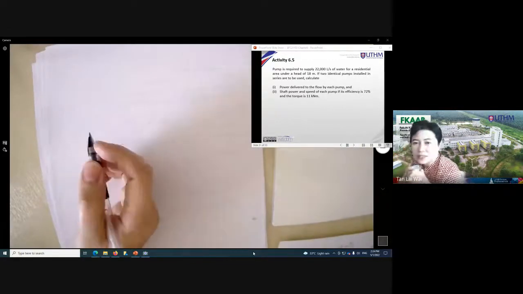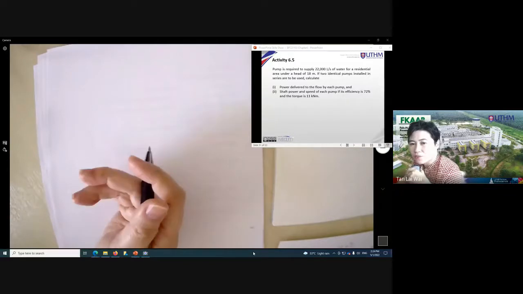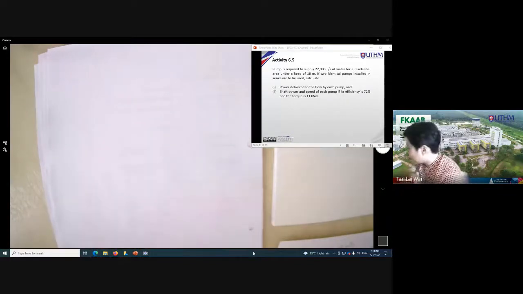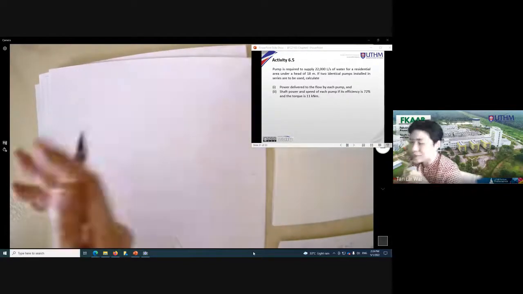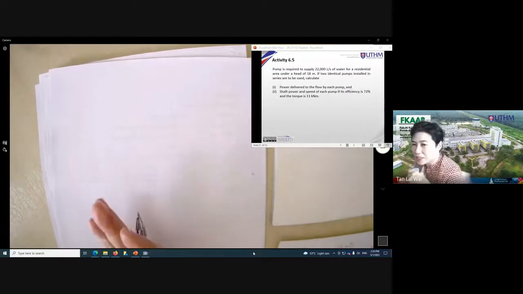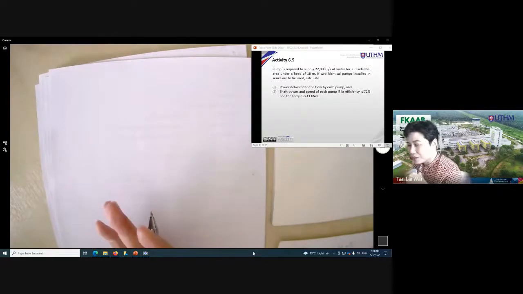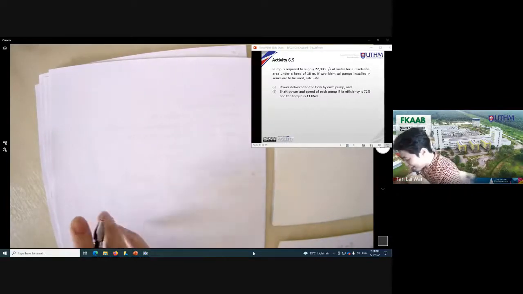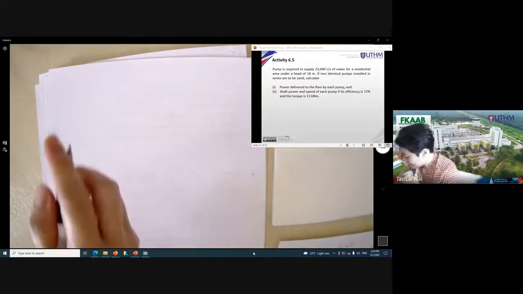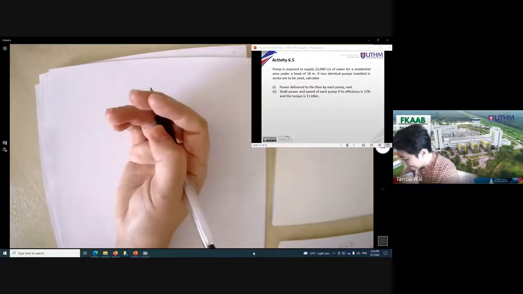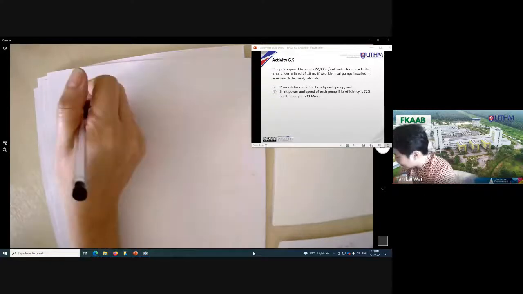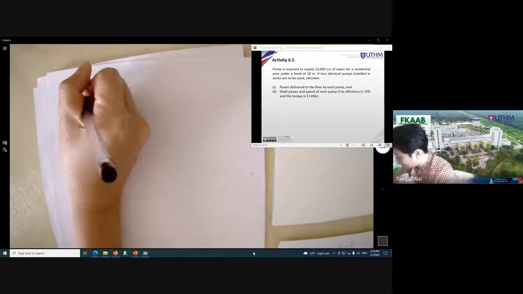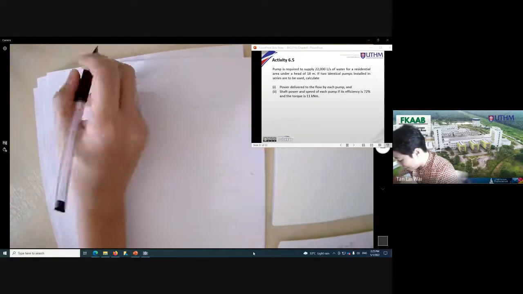And then after that, you need to find the shaft power. Now you know that shaft power is the mechanical power. The efficiency would be 72%. Here's the thing. There are 2 steps to find this.